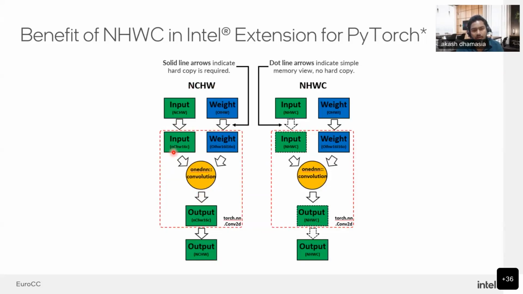This is a blocked memory format, for oneDNN to do a convolution operation. But if you have this memory layout, you can directly use it. You don't have to do a reorder here, and you are benefiting with this format, so that your oneDNN convolution can happen and your applications can become faster.